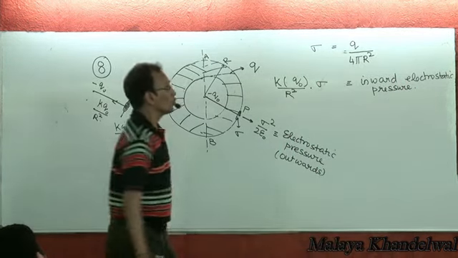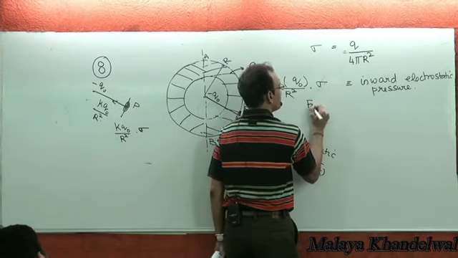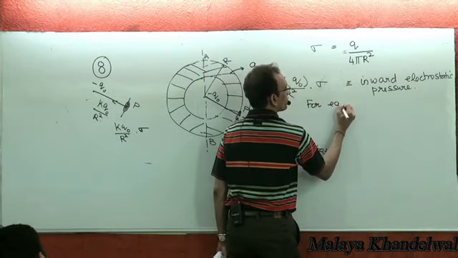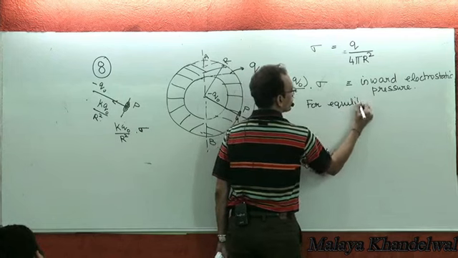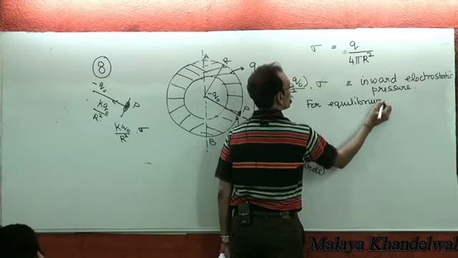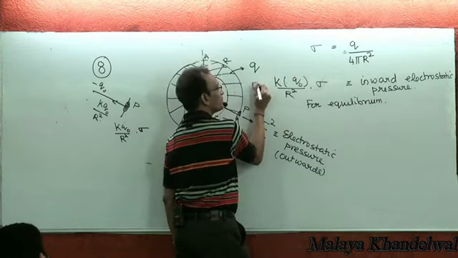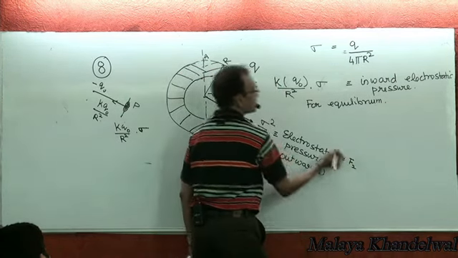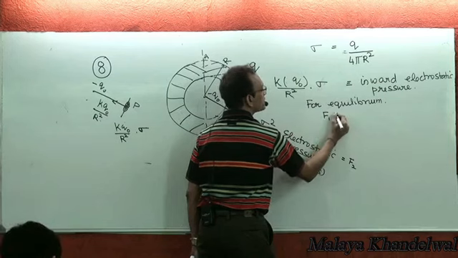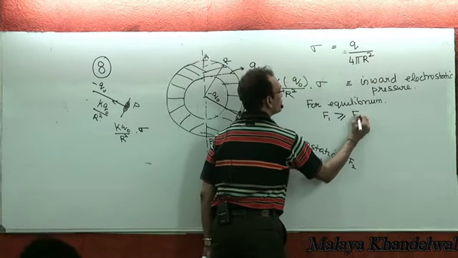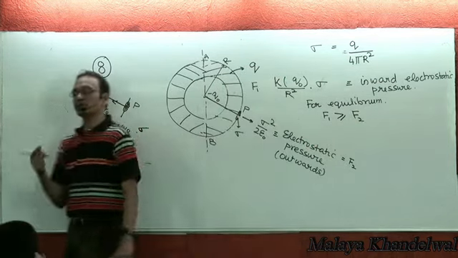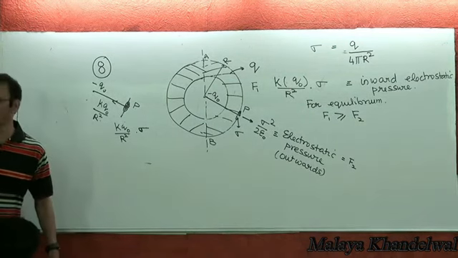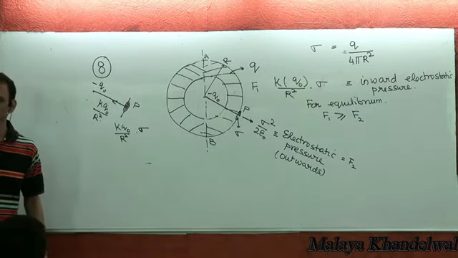Right? For equilibrium, this is F1, the inward electrostatic pressure. This is F2, the outward electrostatic pressure. F1 must be greater than or equal to F2. Inward electrostatic pressure must be greater than or equal to the outward electrostatic pressure.